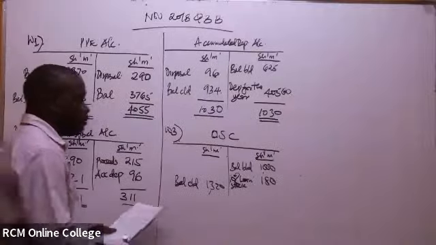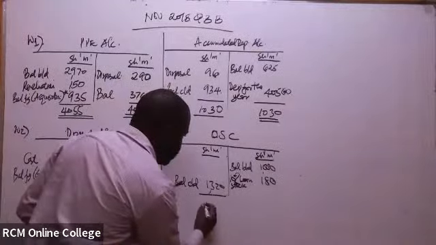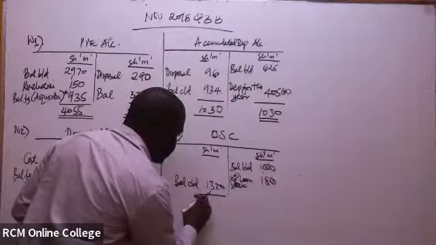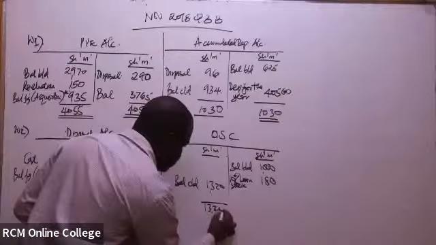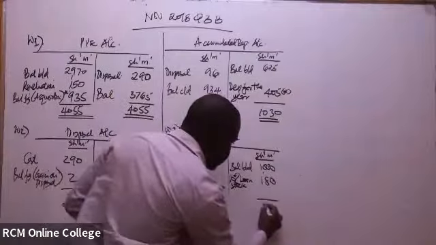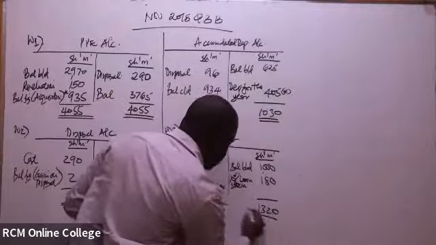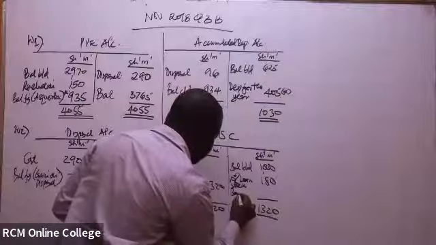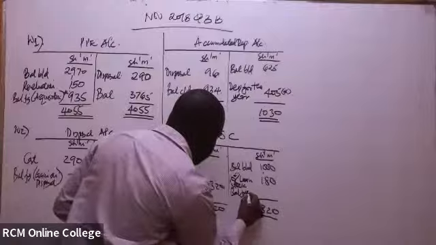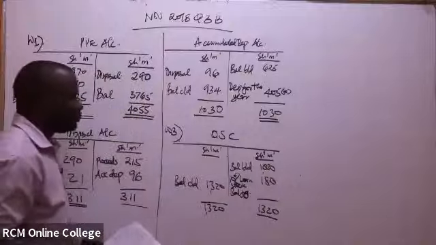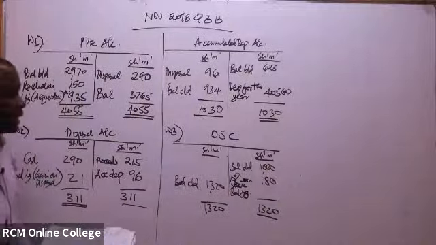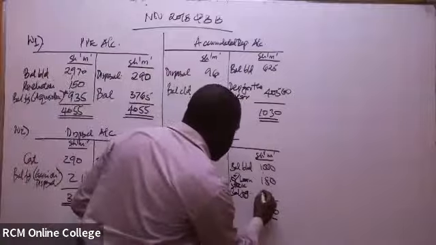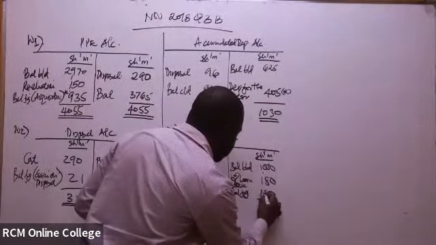And therefore, if you look at the total here, this one is exactly 1320. So the total here is 1320. We have a balancing figure here of how much? 140.